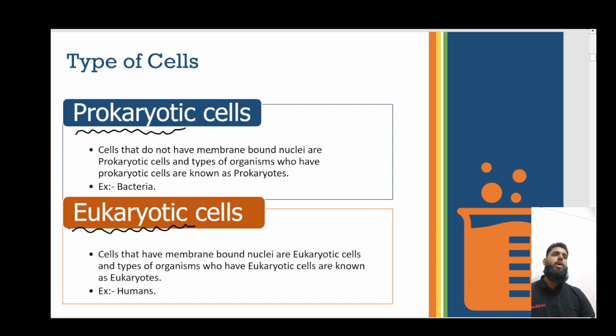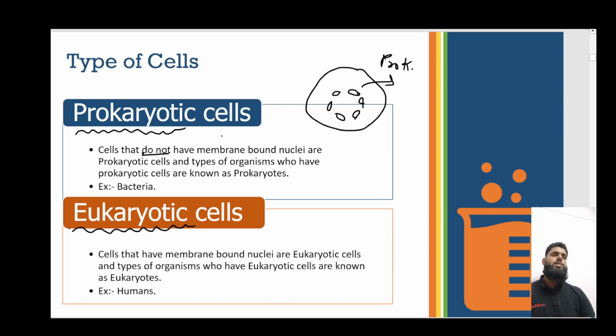Cells that do not have membrane bound nuclei are prokaryotic cells, meaning cells which do not have membrane bound organelles. This is your cell which does not have a nucleus. Here you don't have a nucleus, you have a structure like this, it is not a proper membrane. So these types of cells are known as prokaryotic cells.